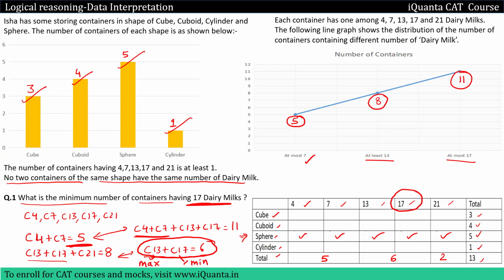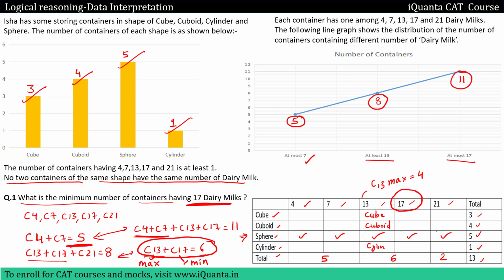It can only be 4 when there is one container of each shape. That means one container of cube, one of cuboid, one of sphere, one of cylinder. So C13 max can be 4.